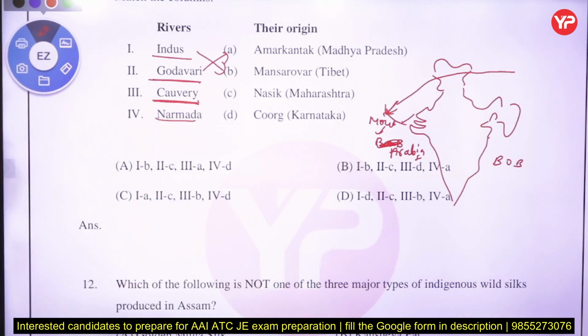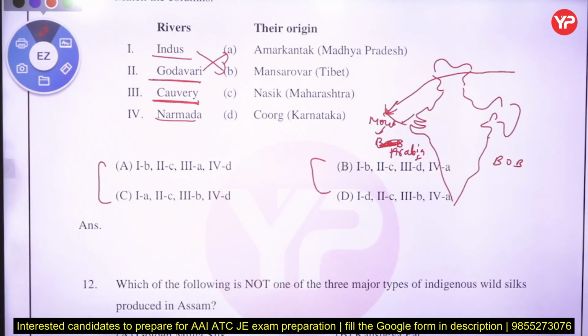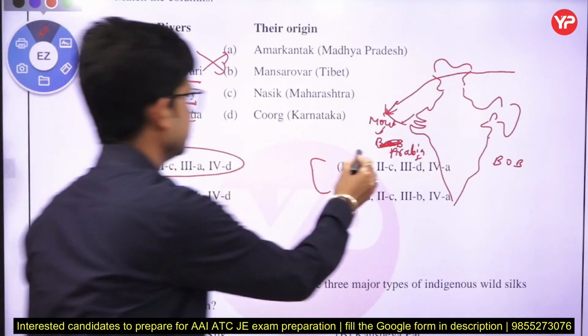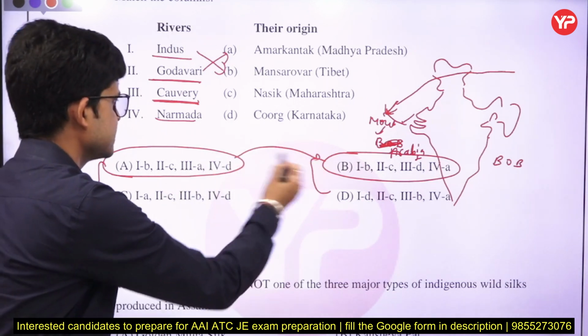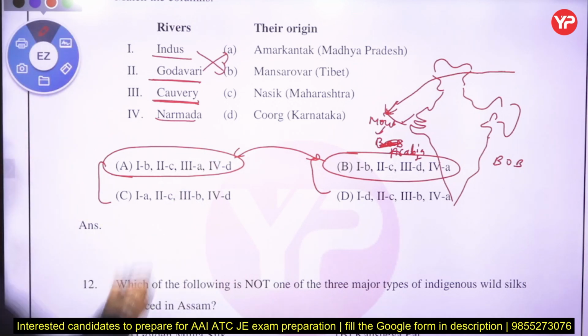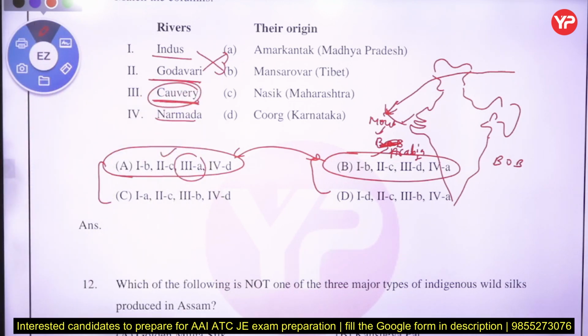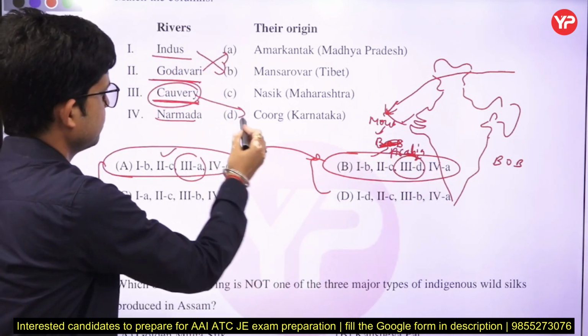Out of these, we can use the hit and trial, the elimination method. We know that the first option is B. Now which options consist of B are these two. The second option has C in both cases, done. Then the third here is given A, that is Kaveri in Amarkantak, Madhya Pradesh, and here is D, but we know that Kaveri is from Karnataka.